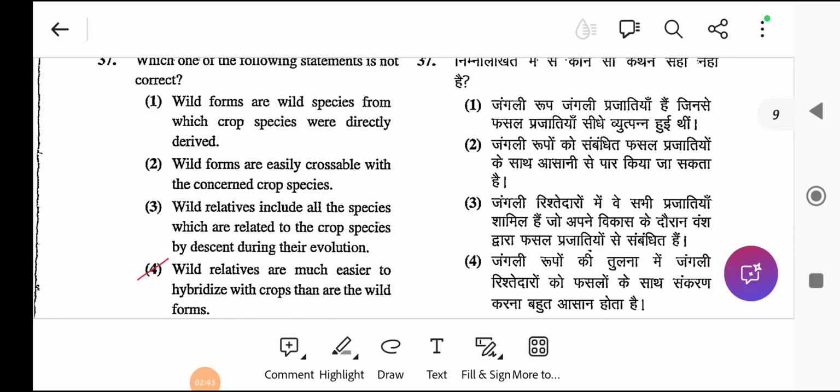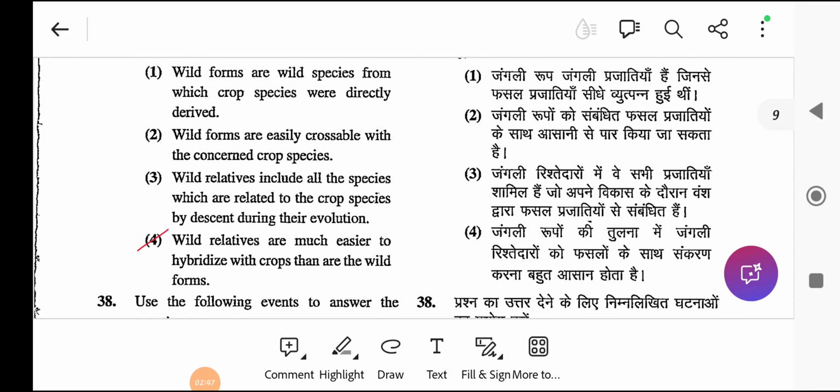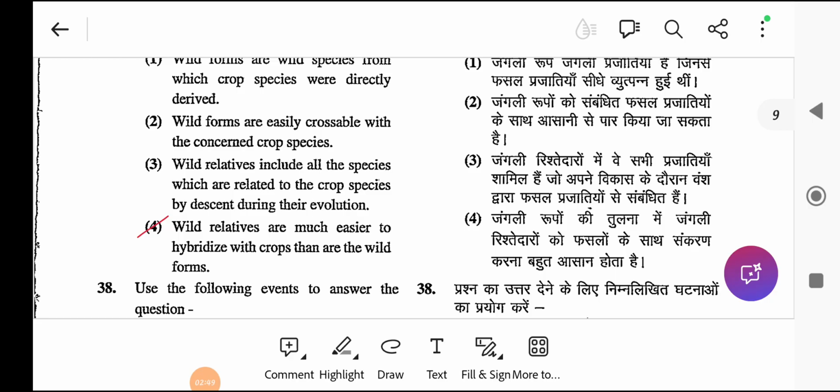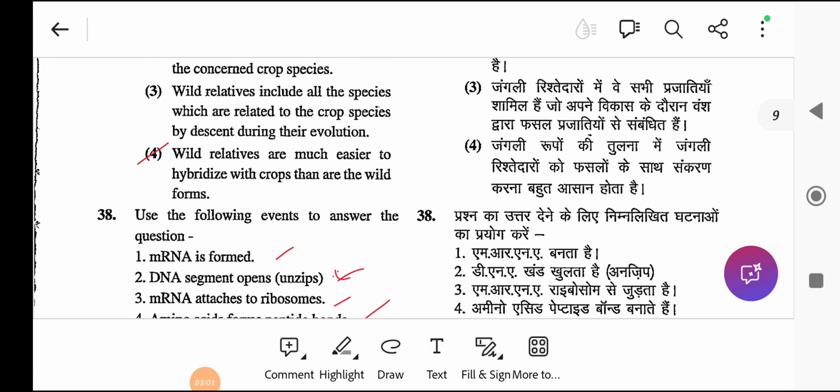So wild relatives do not include all of the species related to crop species. Next, wild relatives are much easier to hybridize with crops than are wild forms. So wild forms are not easier to hybridize, instead wild relatives are easier to hybridize.